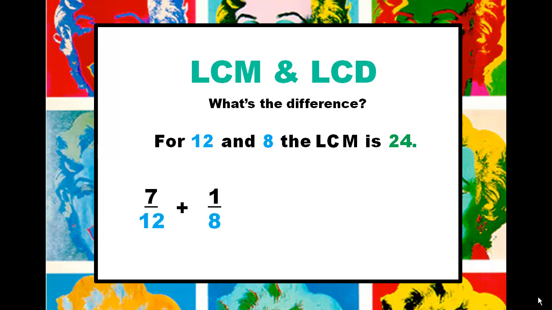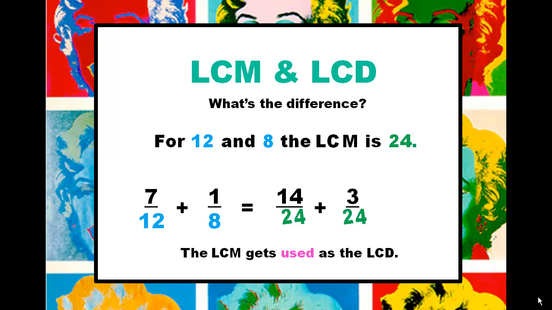And I know that I have to get a lowest common denominator. Well, turns out that that lowest common denominator is that least common multiple. The least common multiple gets used as the lowest common denominator. Basically, for your purposes, LCM and LCD are going to function as the same thing.